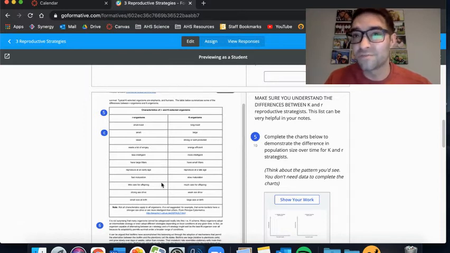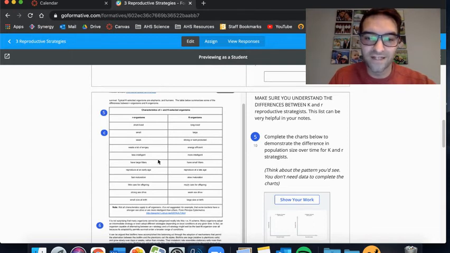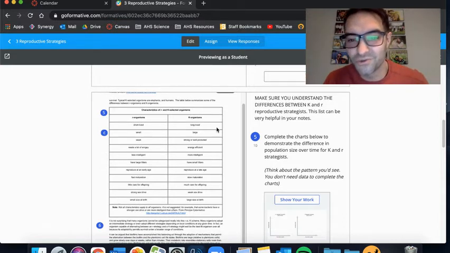You could choose to make this a Venn diagram in your notes and see where things overlap and how they're similar. But really, these are pretty defining characteristics that we should be somewhat aware of. And you'll see for the most part, they're almost exact opposites. So as long as you can remember the main ideas and remember their opposites and which ones go where, you should do all right with that.